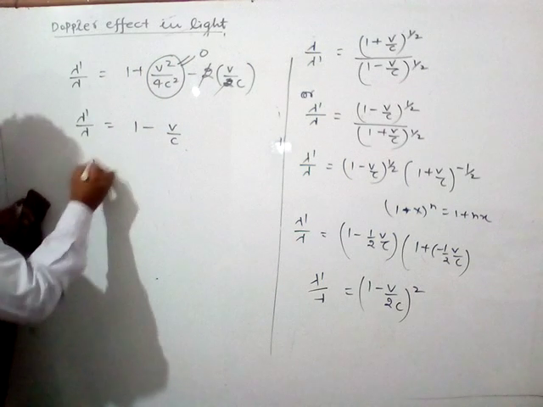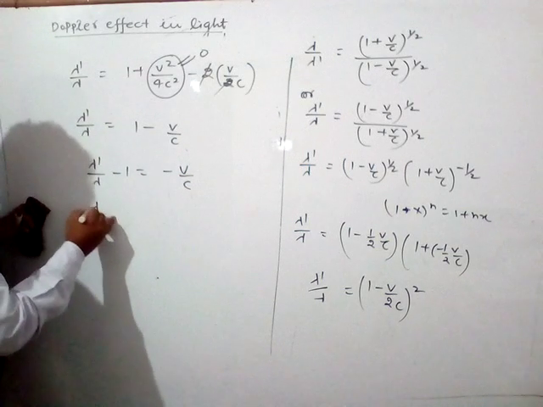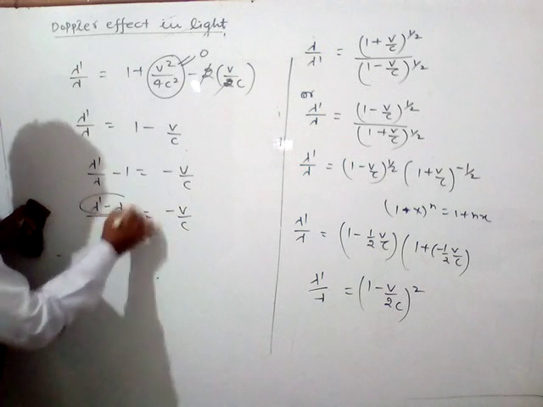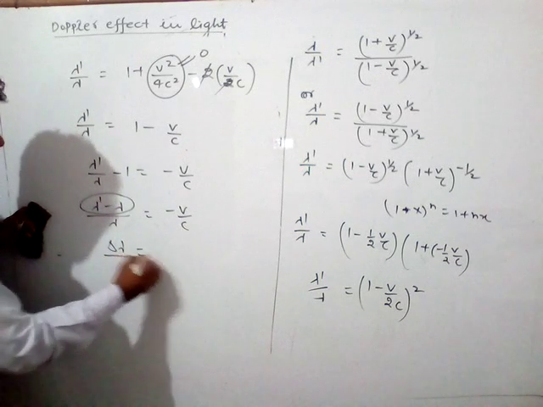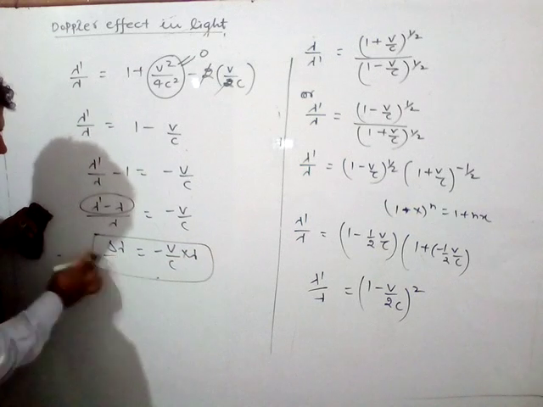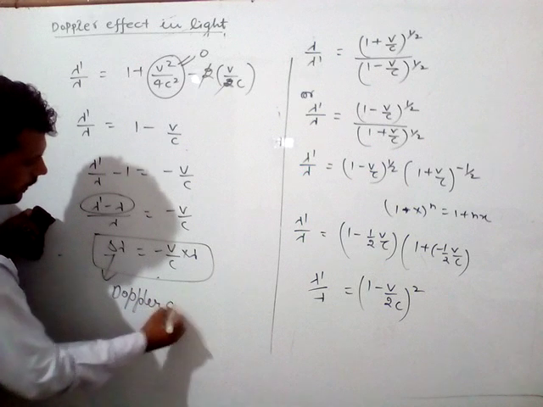So lambda dash by lambda minus 1 equals minus v by c. So lambda dash minus lambda by lambda equals minus v by c. This is delta lambda equals minus v by c into lambda, and this is known as Doppler displacement.